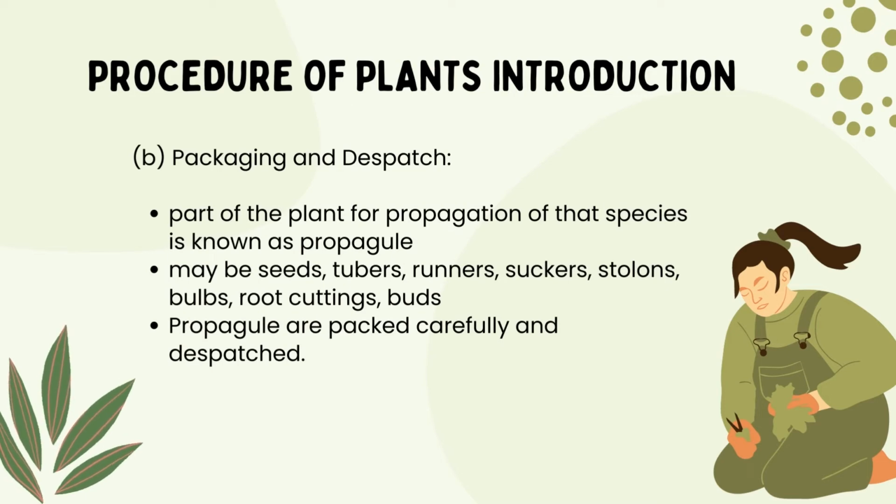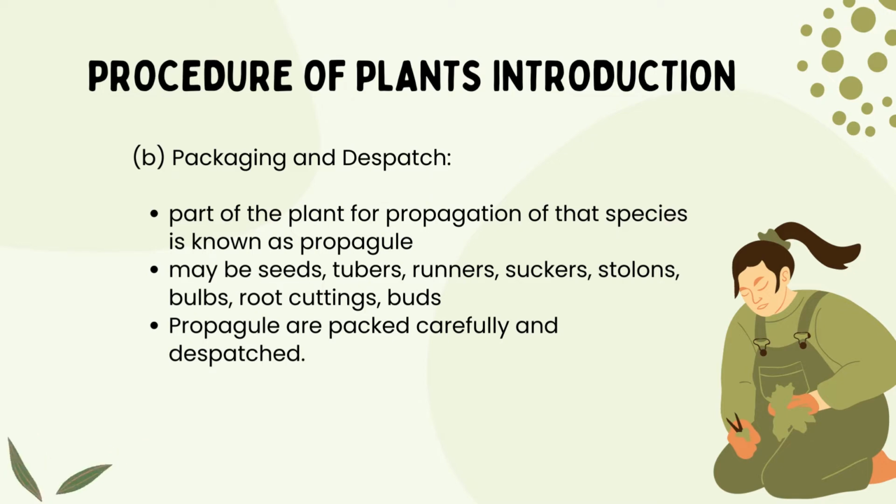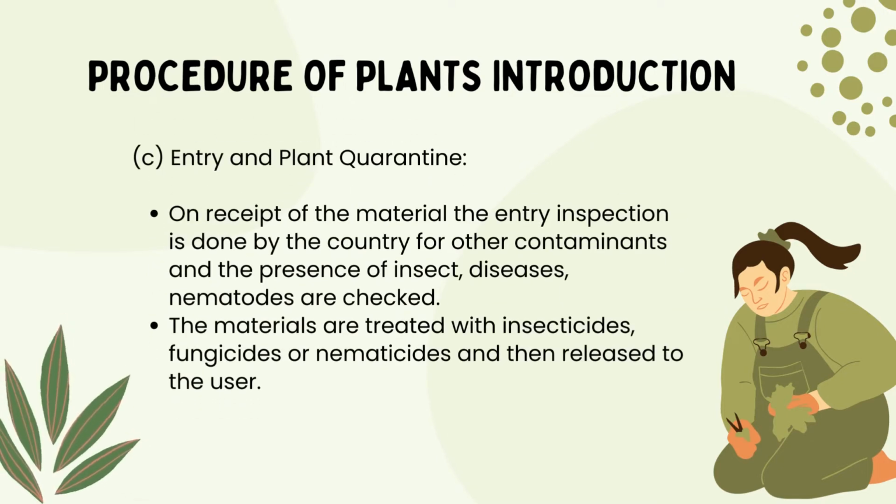B. Packaging and dispatch. The part of the plant used for propagation of that species is the propagule. It may be seeds, tubers, runners, suckers, stolons, bulbs, root cuttings, or buds. Propagules are packed carefully and dispatched. C. Entry and plant quarantine.